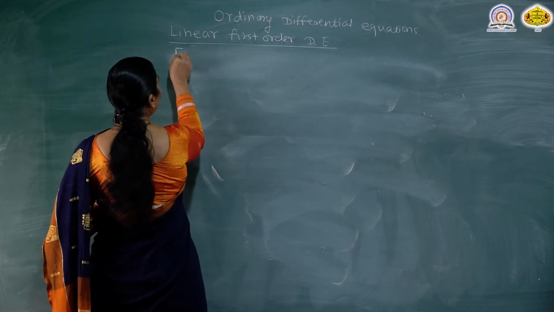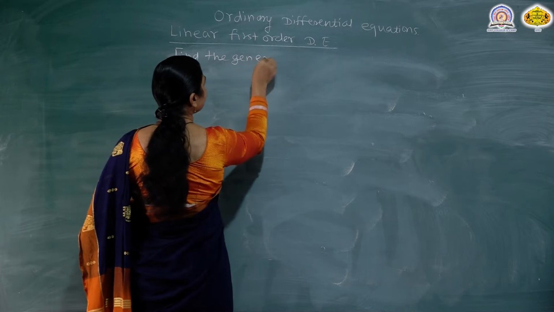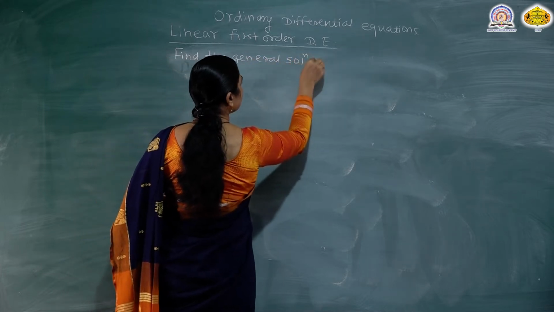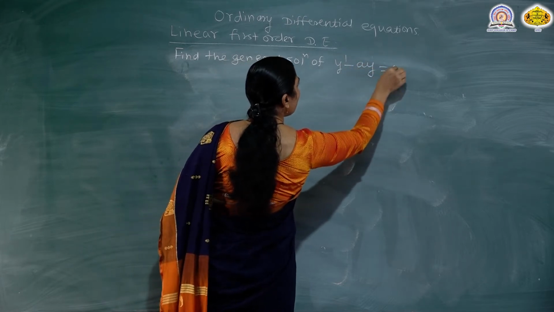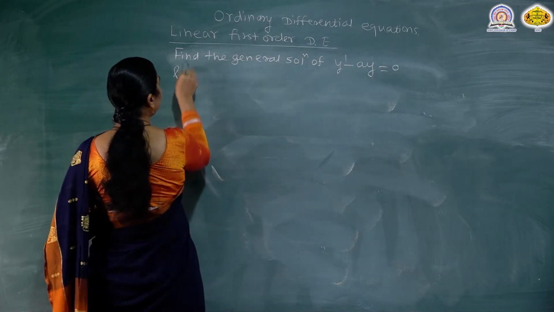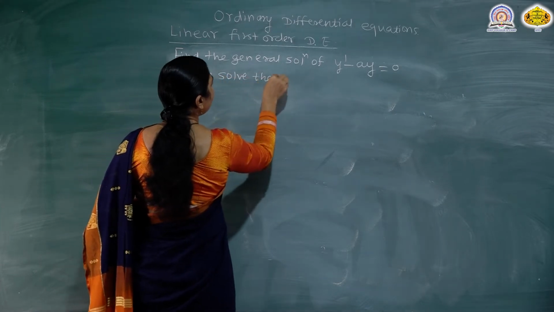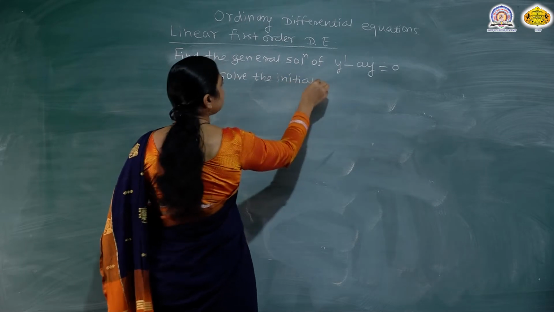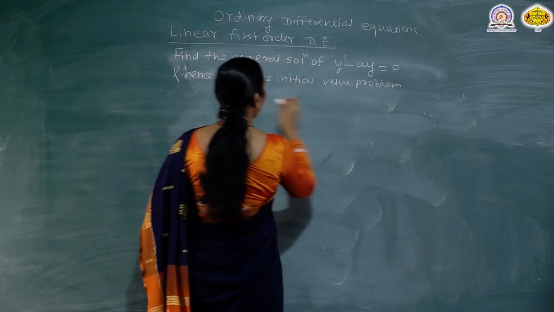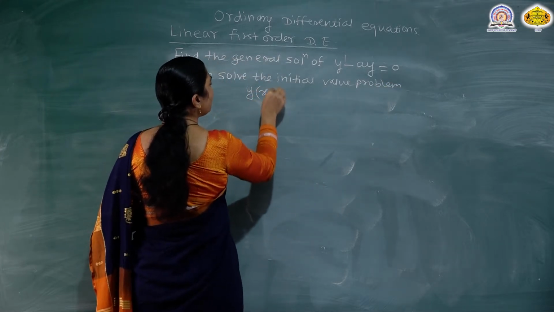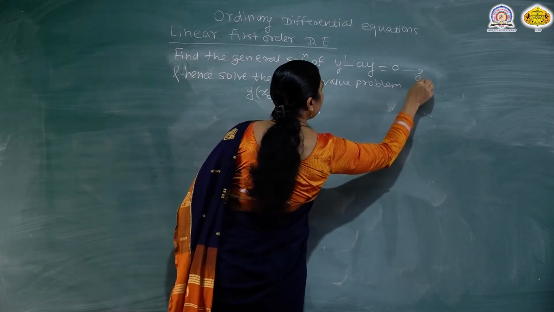For example, find the general solution of y' - ay = 0, and hence solve the initial value problem y(x0) = y0, where a is a given constant.